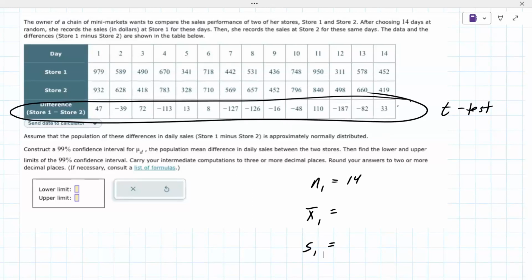So I'm just going to enter those data values into my spreadsheet here and get those numbers. What I can't remember is whether the degrees of freedom is n minus 1 or n1 plus n2 minus 2.